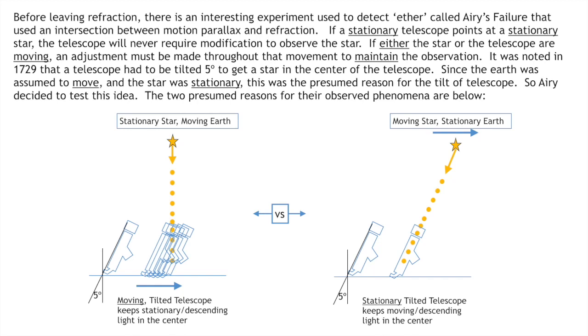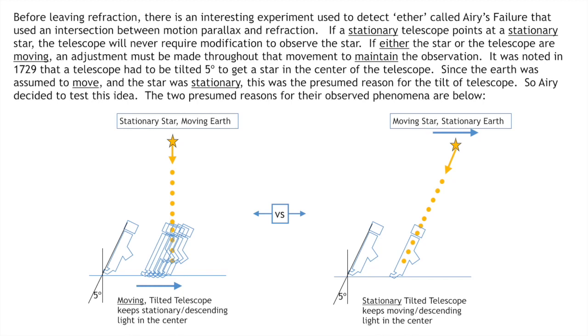Both are moving together. The light moves down in a straight line. You have tilted the telescope 5 degrees, and as you are moving to the right, the light ray keeps going lower, and you still observe the light ray hit the very bottom of your telescope as your telescope moves right.